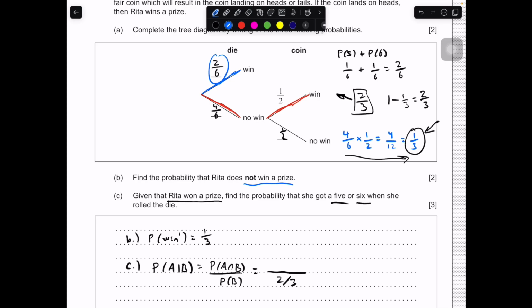And if we want to find the total ways that she wins, 2/3 of the time, what fraction of that 2/3 is made up of her just rolling the die? She wins by just rolling the die 2/6 of the time. So find the probability she got a 5 or a 6 when she rolled the die. So this is her 2/6. And that should be it. 2/6 over 2/3, which is equal to, is it 1/2? Let's see.